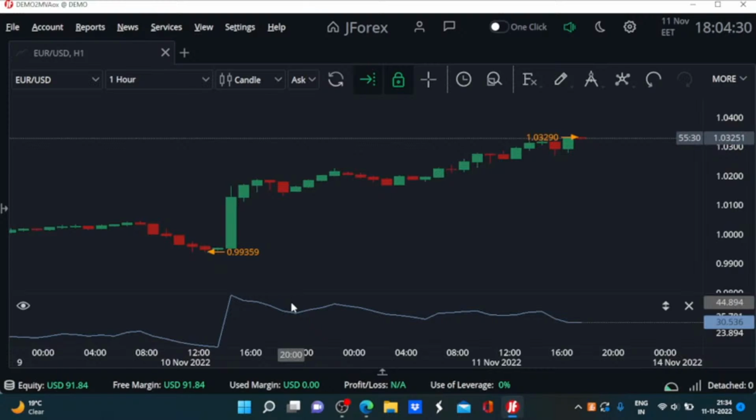Suppose we are using 14 candle periods for the calculation of plus DI, then we will be getting the summation of each difference between the current high and the prior high up till the last 14th candle.